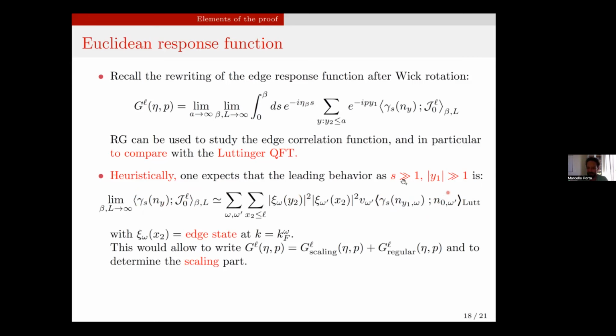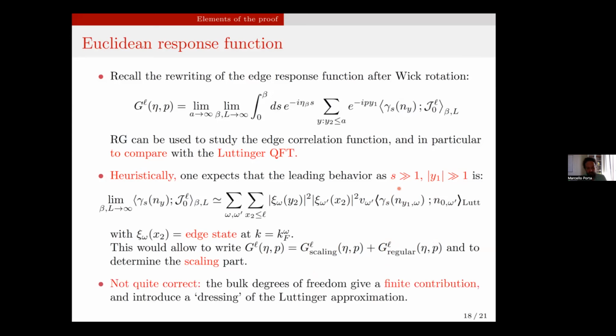The Luttinger liquid arises as the model that gives you, up to multiplication by the edge modes, the correct decay on the boundary. So this would indeed allow you to obtain this splitting in which the response function is given by the Luttinger contribution plus a regular part, and to determine the scaling part because we have good identities for this correlation function for the Luttinger model.